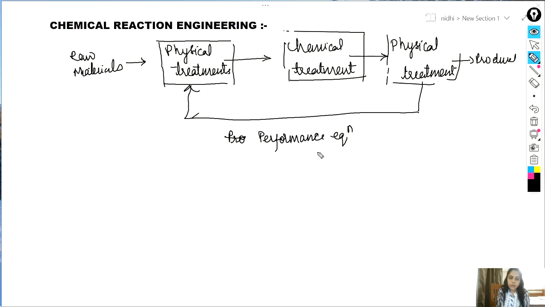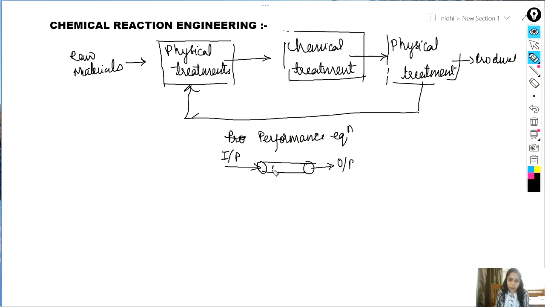So what is happening over here? This performance equation relates input to output. Let's take this as your reactor, right? We have input here and we have output. So this performance equation relates input to output.